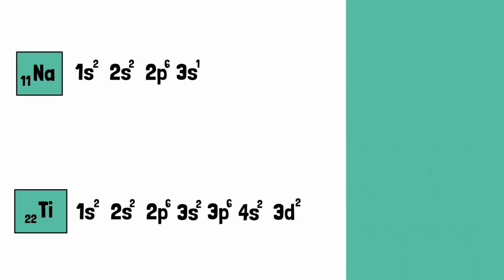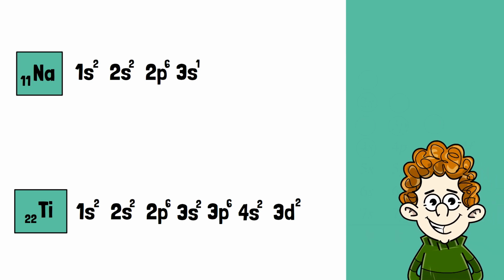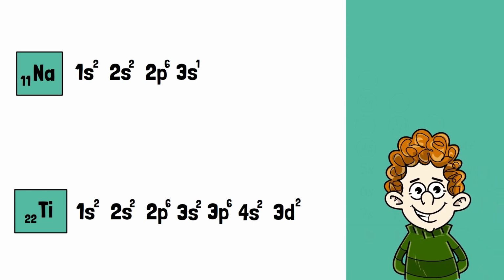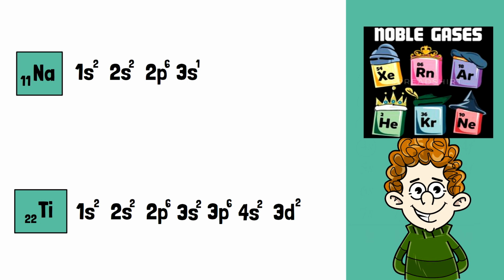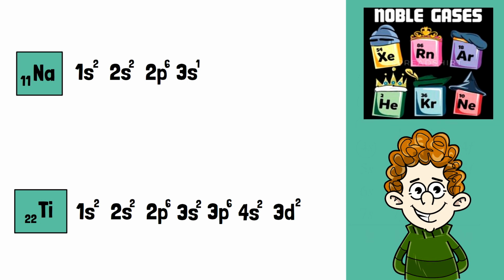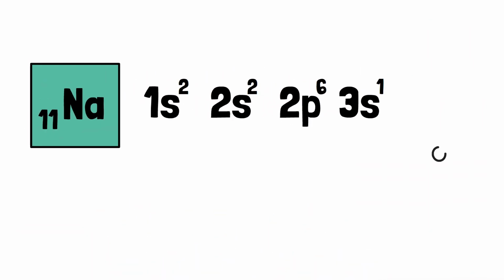So, to make the process easier, we will write the electron configuration of the elements in terms of the noble gases by replacing the electron configuration of the inner levels with the symbol of the noble gas, which has a similar configuration.